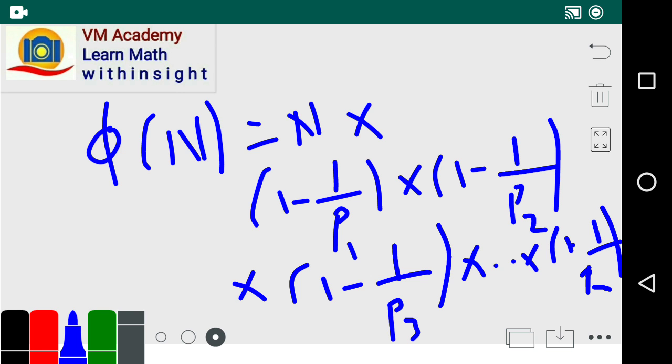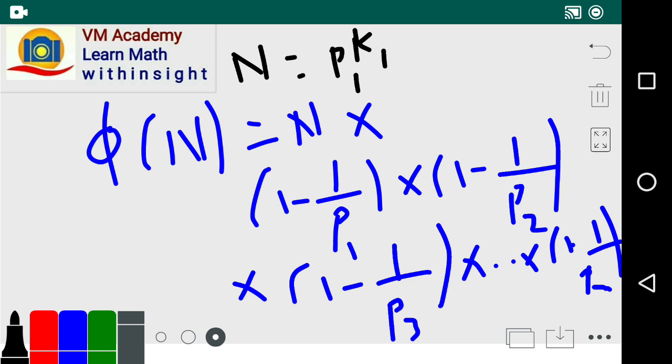This is Euler's formula, where n is nothing but p1 raised to k1 into p2 raised to k2, where k1, k2 are integers, friends, natural numbers, so on into pm raised to km.